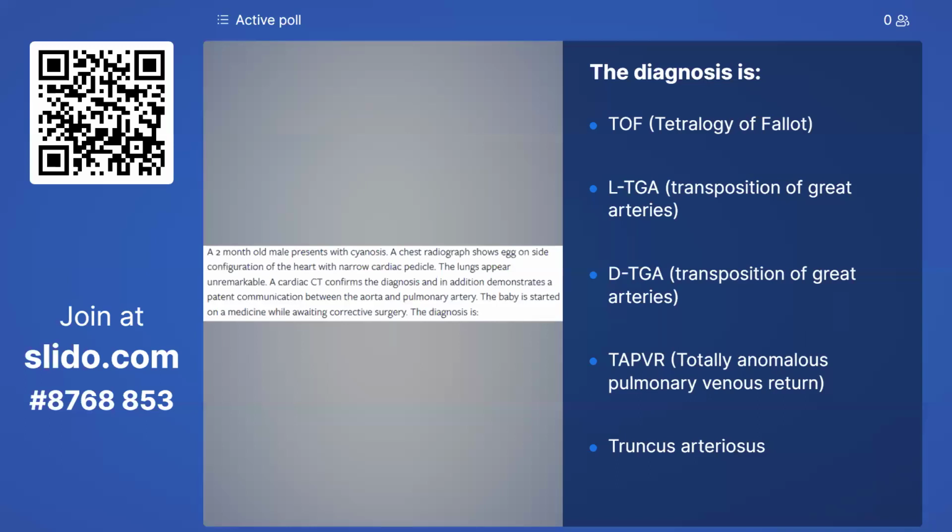I'll just give them a minute to go through the case. Is there anyone who'd like to take this case?